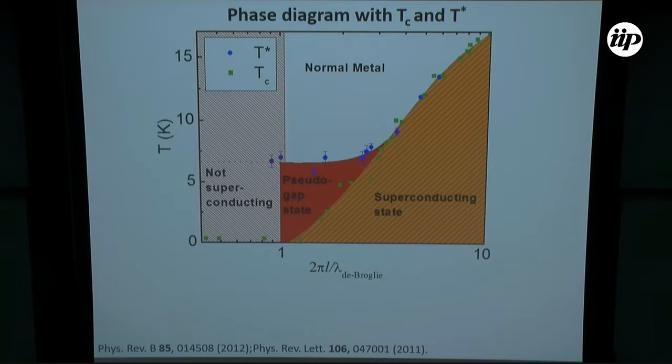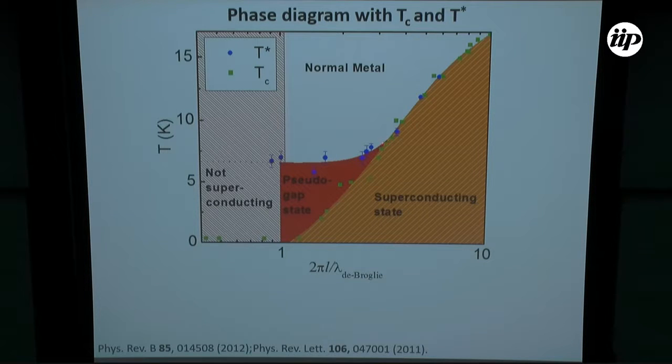So now you can do this measurement on many, many samples. And if you plot TC and T star, this is what you get. With increasing disorder, TC comes down, and here TC goes to 0. At low disorder, you have TC and T star which are the same, which is the BCS regime.